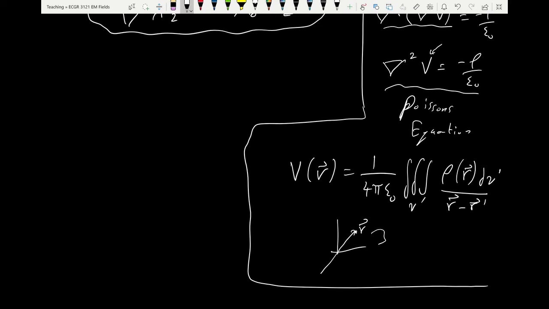So this is the charge distribution rho, and r prime points to a point in the charge distribution. So this is the expression of V.